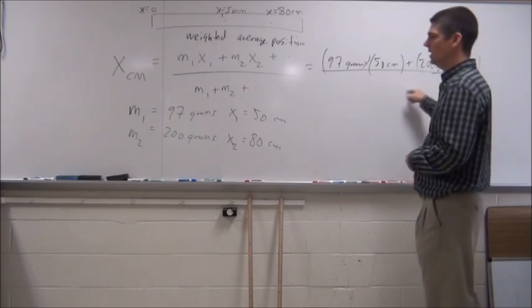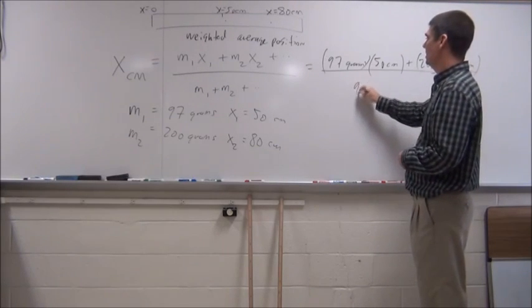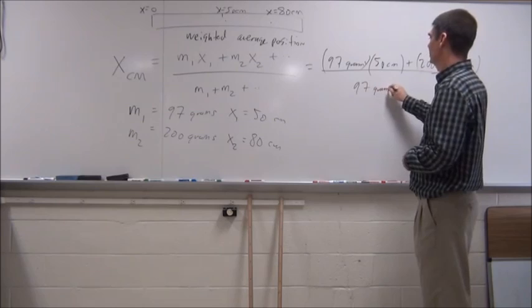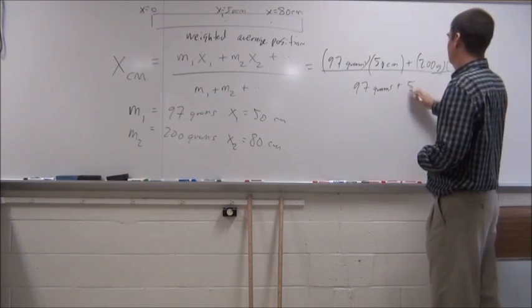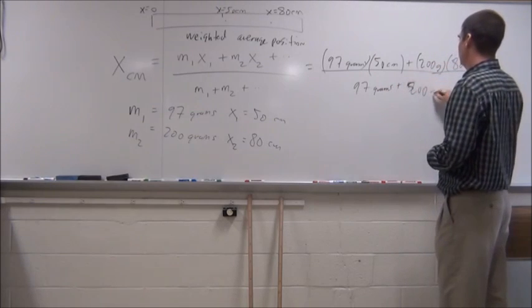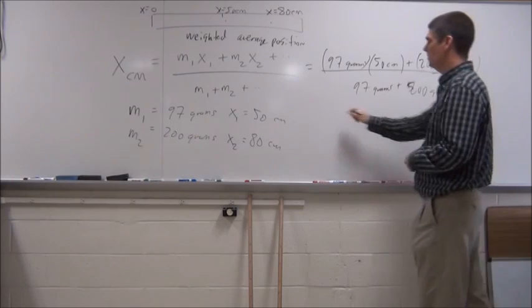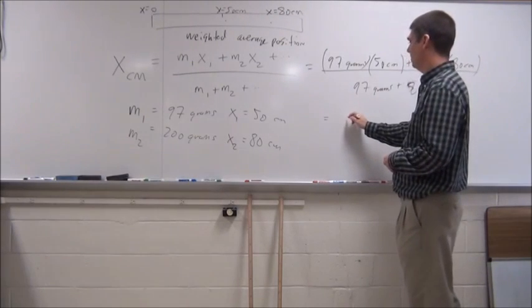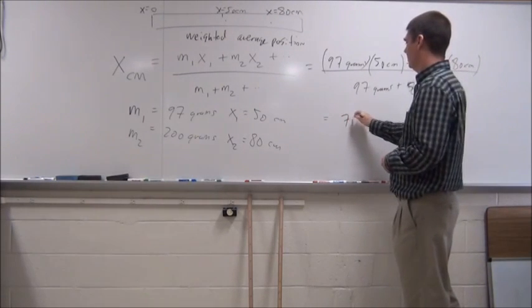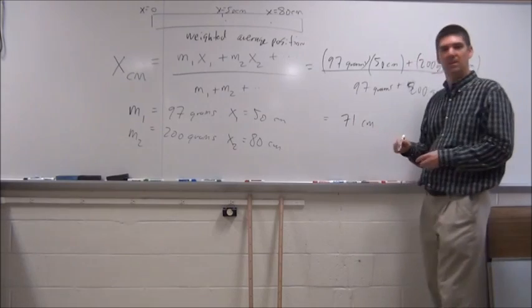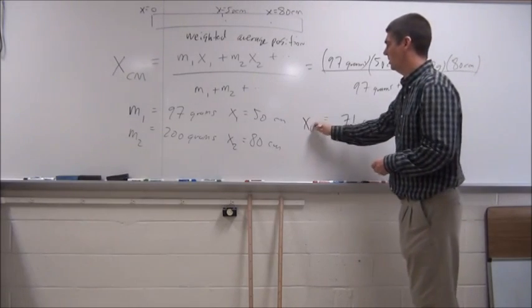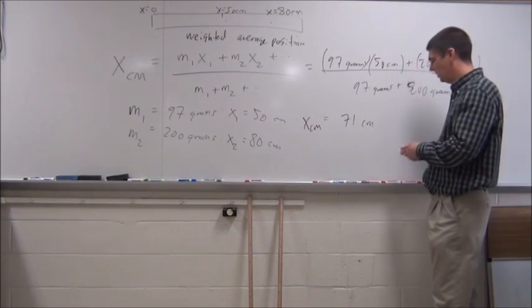And I'm going to divide by the total mass, 97 grams plus 200 grams. And if you calculate that, you'll get about 71 centimeters, something like that. That is the position of the center of mass of that entire system.